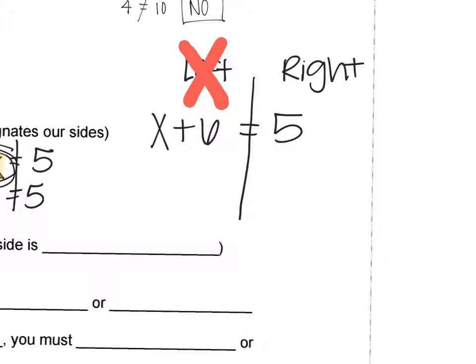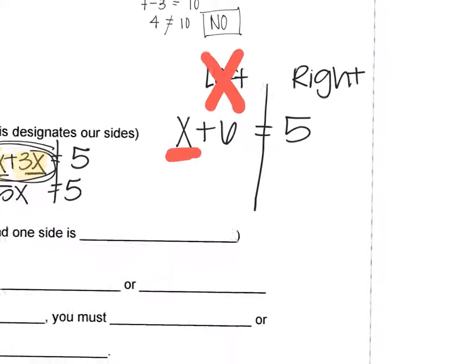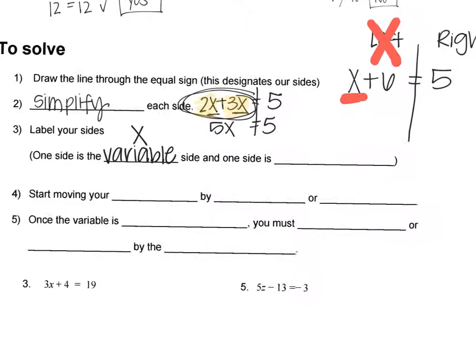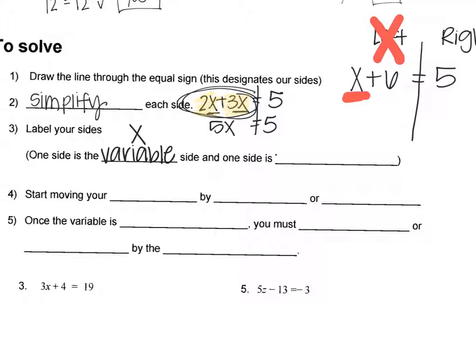This is my x side because x is already over here. My other side is the everything else side.